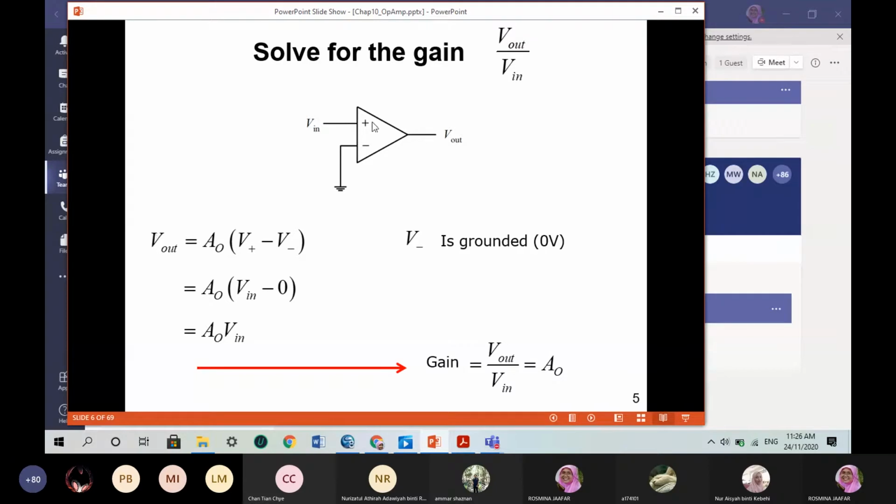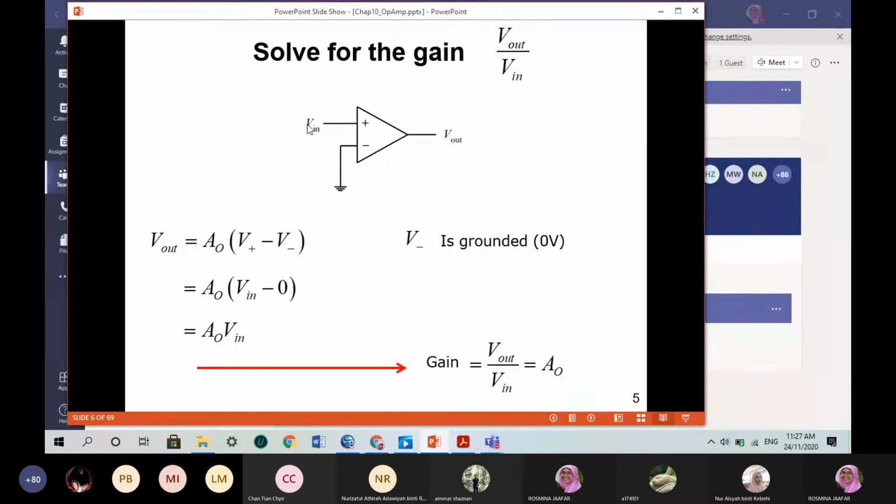So if we have this op-amp without any feedback loop to the input side, we will have an open loop gain A0 multiplied by the input. The input of the op-amp will always be the difference between two inputs, from the negative terminal to the positive terminal, or from the inverting to the non-inverting terminal.